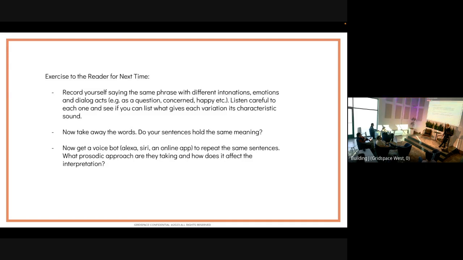Take away the words, say the same sentence with just the intonations. Does it sound like it has the same meaning? And then get a voice bot to say the same sentences and work out what intonation it uses. I'm pretty sure there's a way to tell Alexa to repeat after me. There's not, there should be.